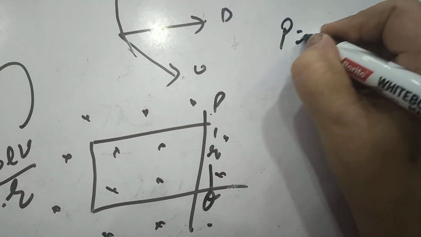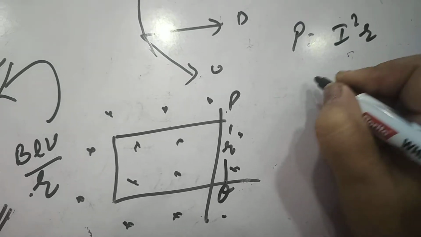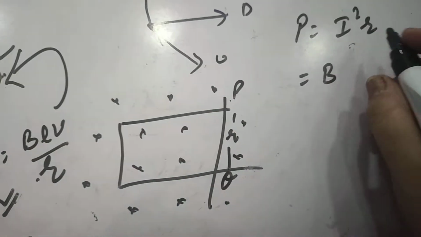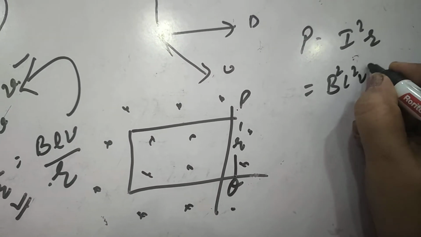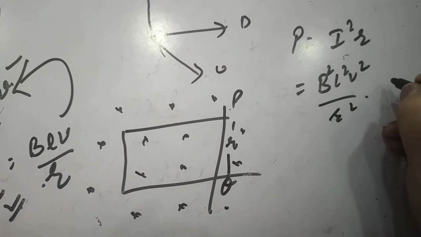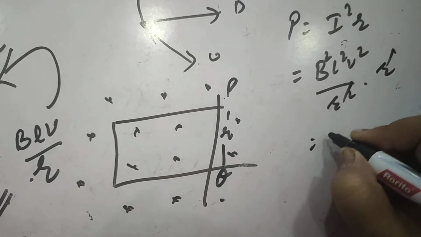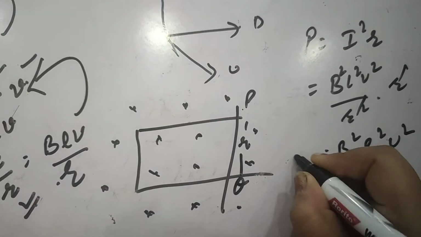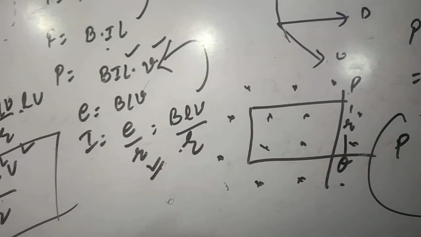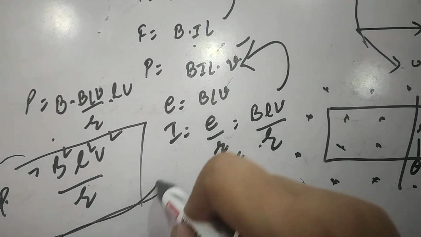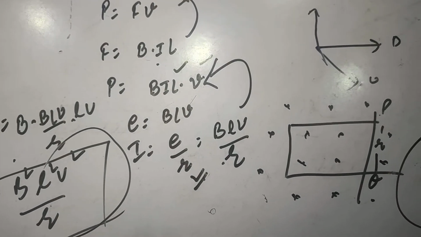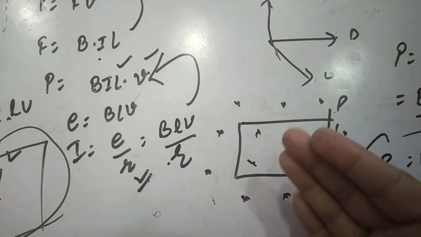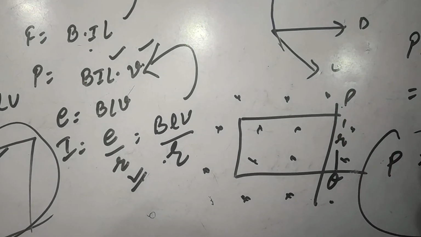In that case power is given by I square R. We know I is B L V by R, so this is B square L square V square by R square into R, which comes out to be B square L square V square by R. So again you can see that the power dissipated is the same in both cases, whether it is pushed mechanically or moving due to the force on the conductor.